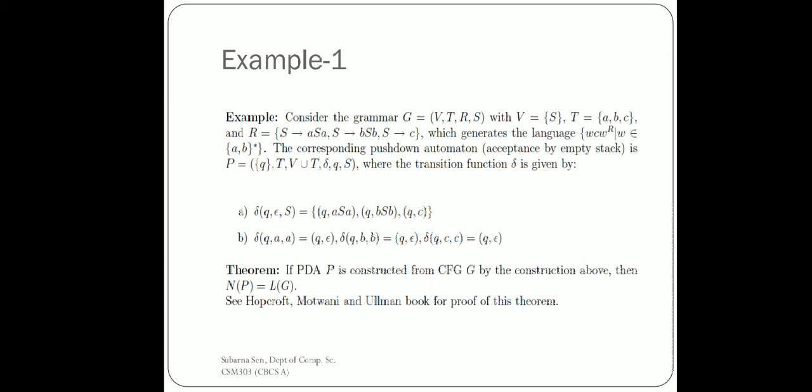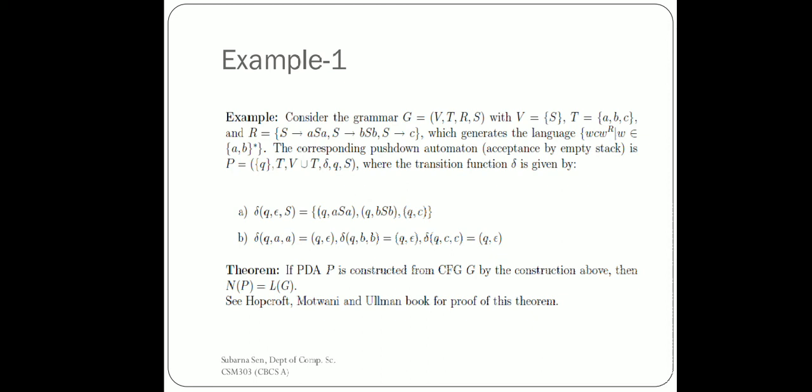So starting from the beginning, Q can generate ASA, or Q can generate BSB, or Q can generate C. Now, the terminals can be A, B or C. Whenever we encounter only terminals, not variables, we just pop them off and empty the stack. It is doing the same thing.